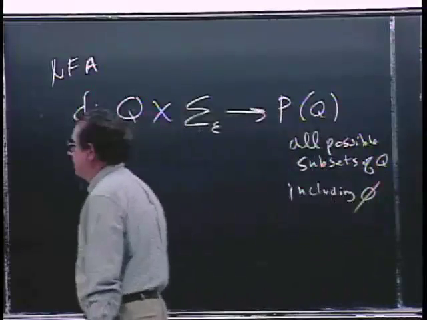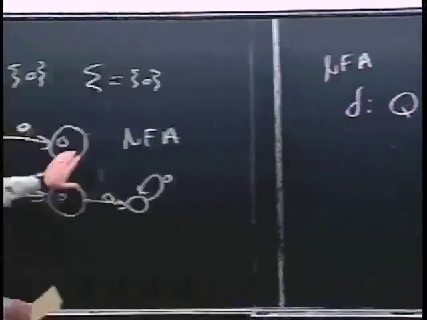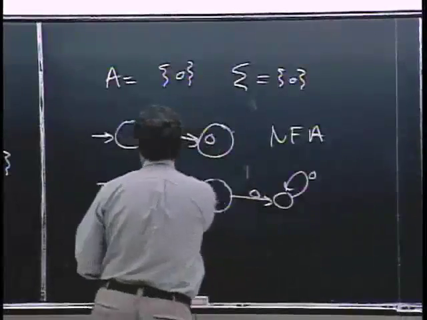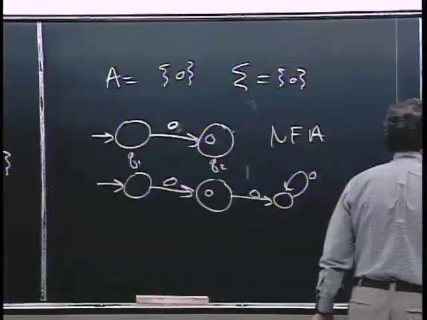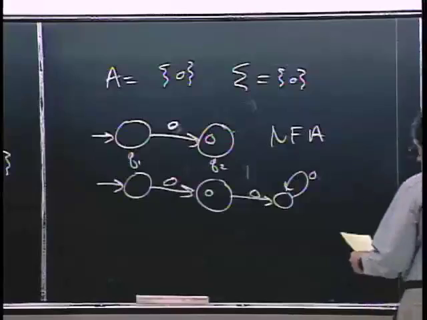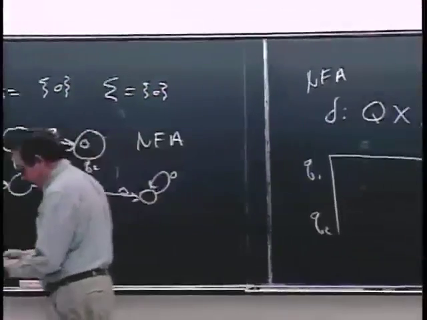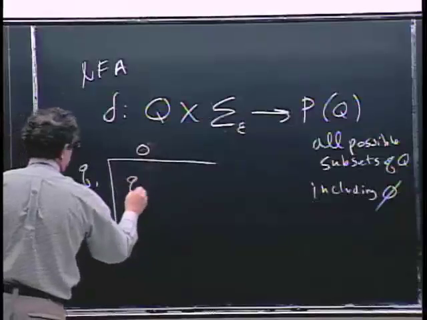Including the empty set. So really, if you were to write out the table, and they do this in the book, if you were to write out the table of the transition functions for this NFA, let's call these states Q1 and Q2. When you're in Q1 and you see a 0, you go to Q2.